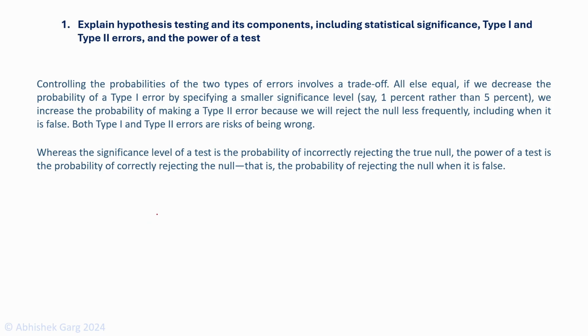Controlling the probabilities of the two types of errors involves a trade-off. If we decrease the probability of type 1 error by specifying a smaller significance level, let's say 1% rather than 5%, we increase the probability of making a type 2 error because we'll reject the null hypothesis less frequently.